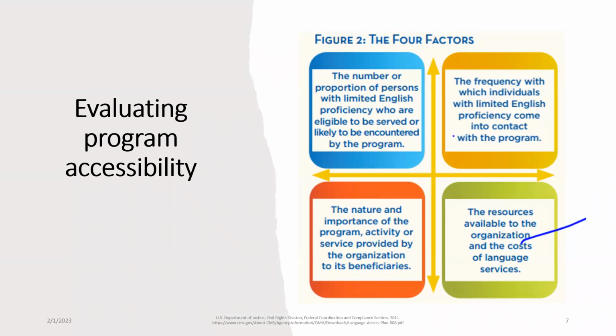Secondly, the frequency with which those individuals with limited English proficiency come in contact with the program. Also, the nature and importance of the program, the activity or service provided by the organization to the people that it benefits. And lastly, the resources available to the organization and the cost of language services.